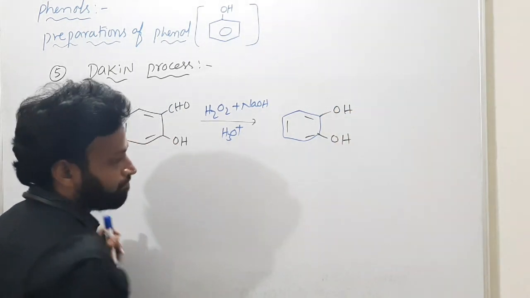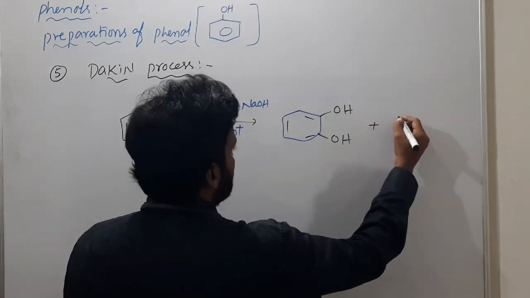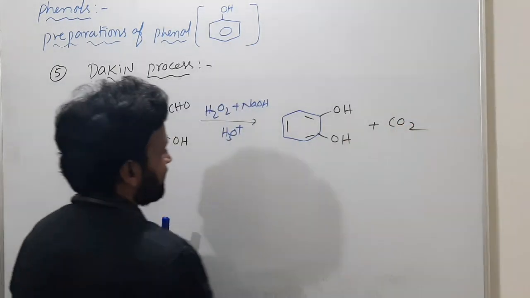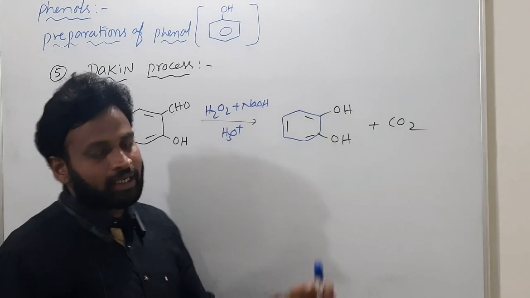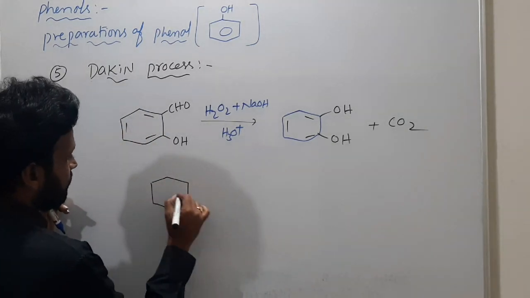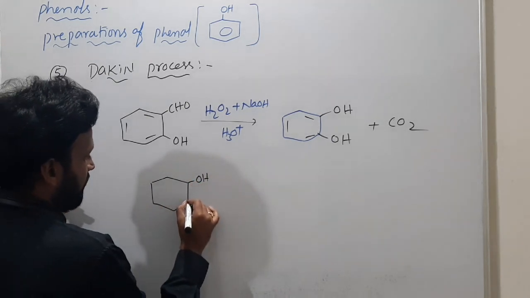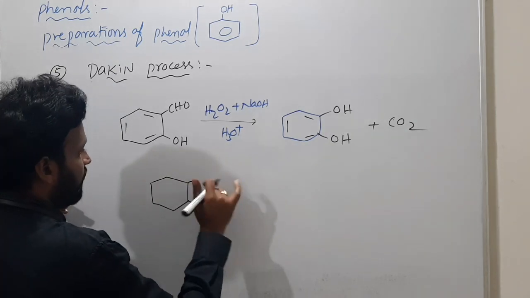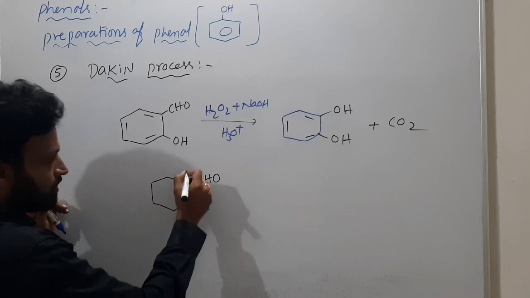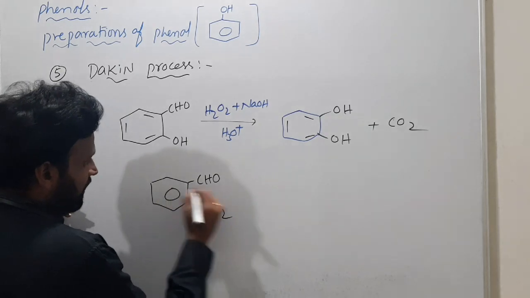Here it will become OH and here it will become OH. Okay, so you get catechol, and along with that the CO goes out in the form of CO2. Even if you have an amino group, with C6H5, OH here and CHO here, selectively CHO will convert to OH, meaning this bond will break, and NH2 stays here.